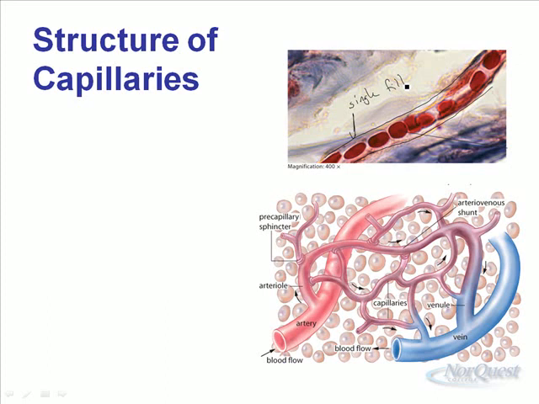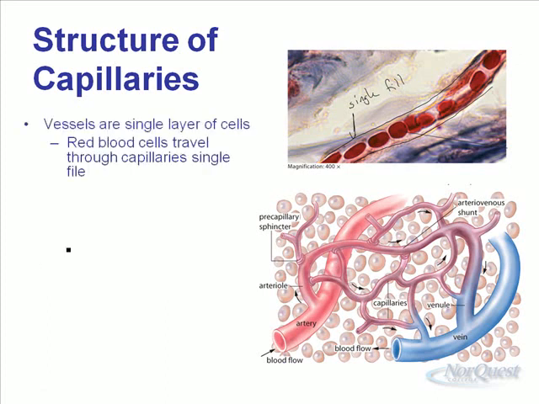In other words, capillaries are only wide enough to allow red blood cells to travel one at a time down the capillary vessel. The vessels themselves are only a single cell thick. You can't really see it in the picture very well, but if you imagine, what they're talking about is this here is one cell, this here is one cell, and so on down the blood vessel wall.